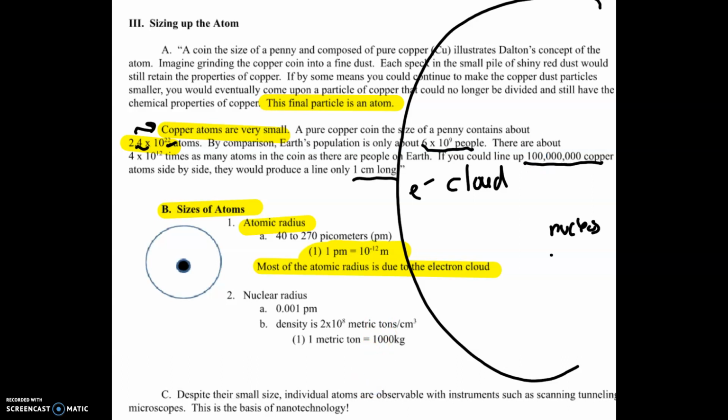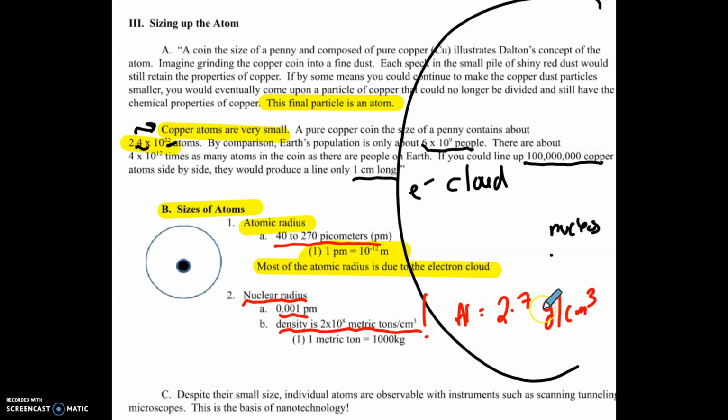How big is that nuclear radius itself? The nuclear radius is 0.001 picometers. So compare those two numbers. Several orders of magnitude different. The density is 2 × 10⁸ metric tons per centimeter cubed. That is crazy dense. Remember that in our aluminum lab, aluminum density is like 2.7 grams per cubic centimeter.